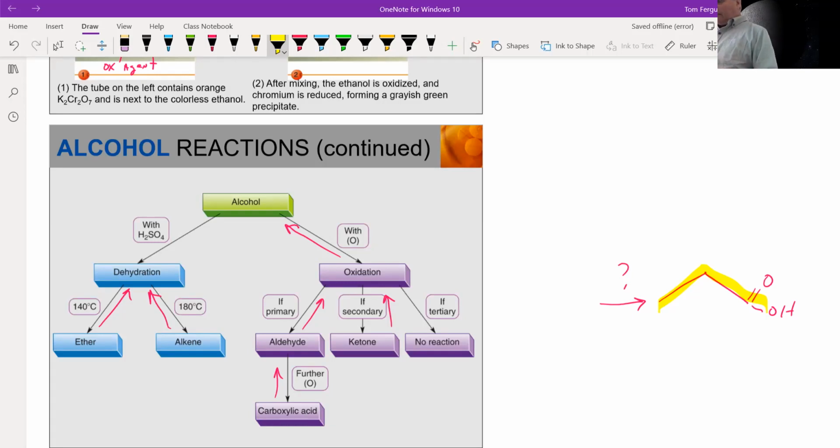So here's an acid down here. And how do we make that? Well, we have to back up. Looks like we're going to start with an alcohol based on the reverse arrows. So we're going to have a 3-carbon alcohol to make a 3-carbon acid.